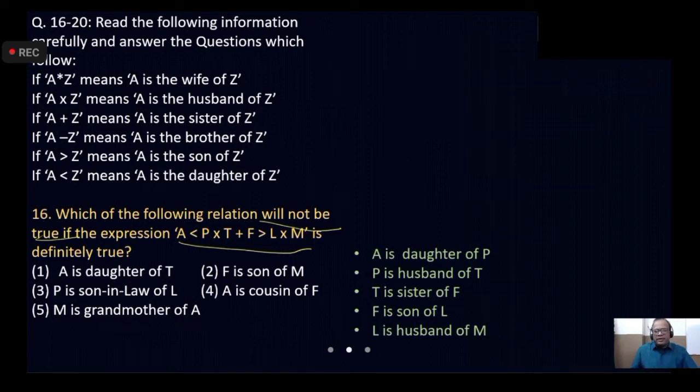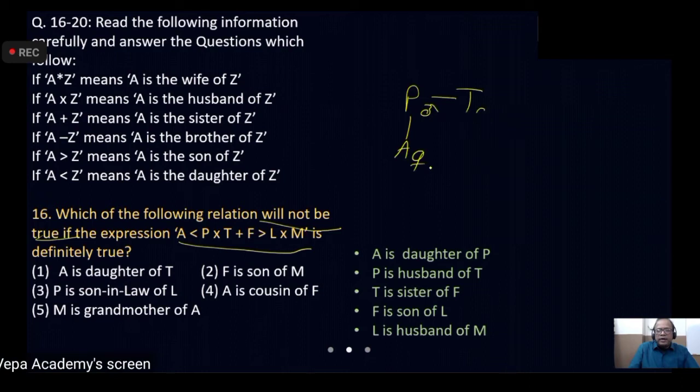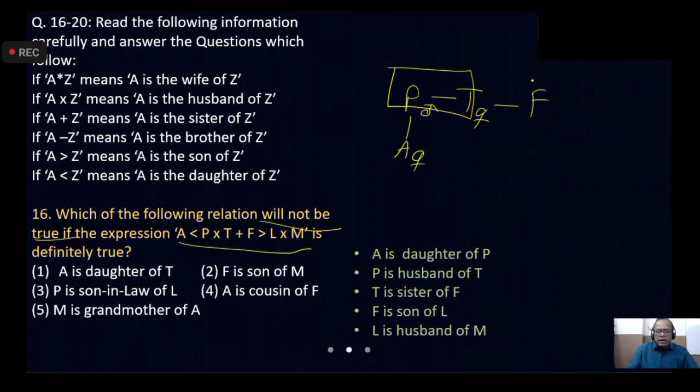Okay, now construct the family tree. A is daughter of P. So P is there, A is daughter. P is husband of T. Husband means male, husband of T, so T must be female. T is sister of F. Husband and wife, we put them in a rectangle for clarity. F is son of L. Son means male.